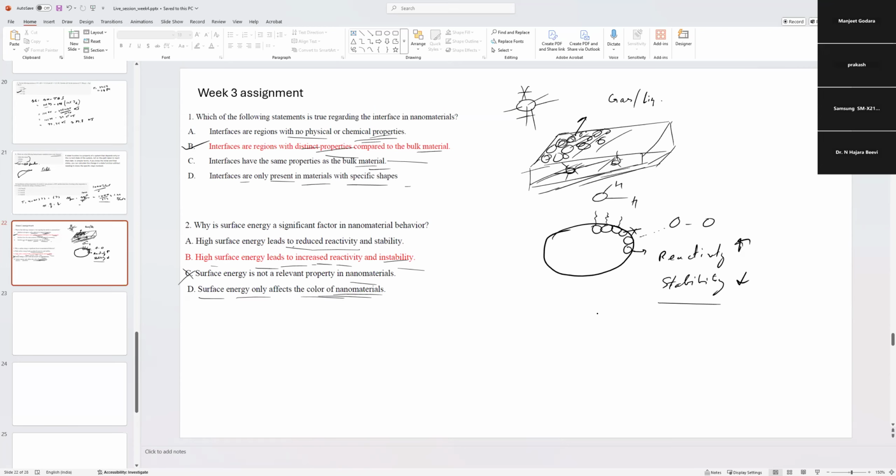No, it affects its chemical activity, like catalytic activity, and how it behaves with the environment. Chemical properties are also affected by the surface energy. The shape is also affected by surface energy, as we saw.